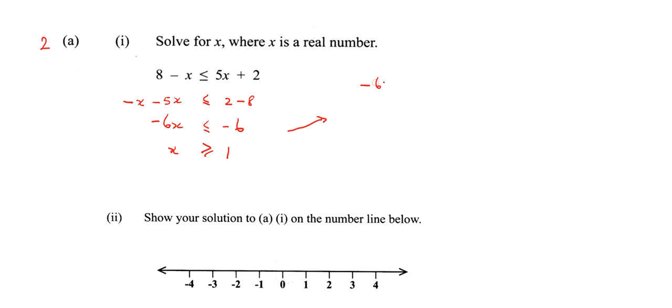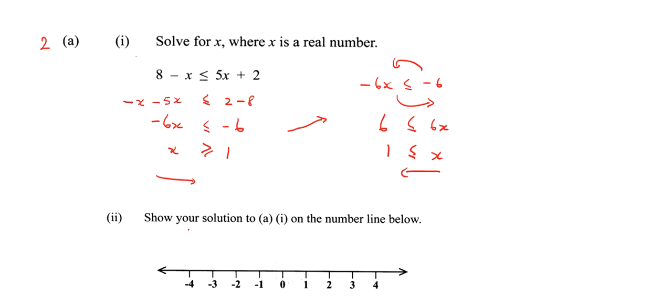If we have minus 6x is greater than or equal to minus 6, and we put the minus 6 on the side and we put the 6x on the side, we end up with 6 is less than or equal to 6x. And if we divide both sides by 6, we end up with 1 is less than or equal to x, which is the same thing. If we read in this direction, we say x is greater than or equal to 1. If we read in this direction, we say x is greater than or equal to 1 as well.